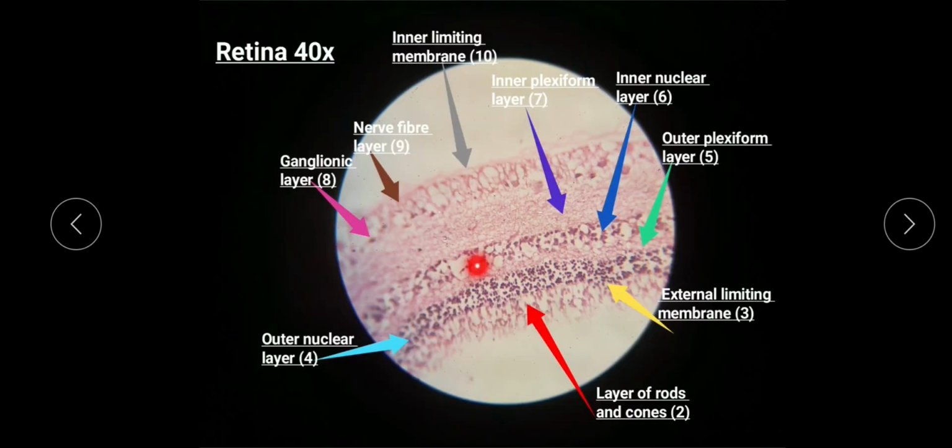Now this is the actual slide of the retina under 40x magnification. In this you cannot see the pigmented cell layer, which is the first layer of the retina. After that you can see layer number 2, marked here with the red arrow, indicating the layer of rods and cones.